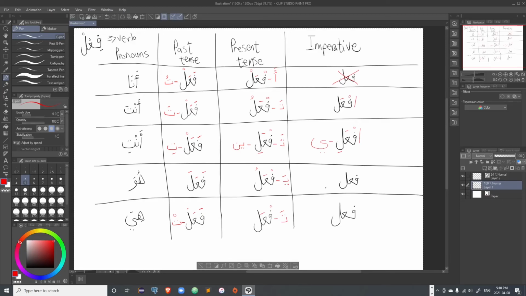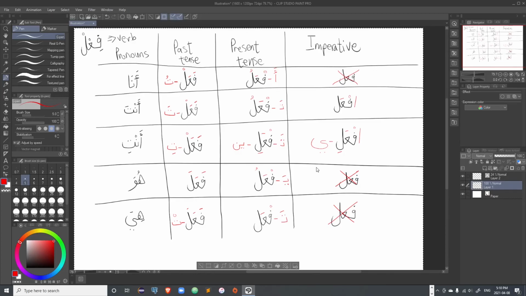Now, for he and she, they do not have an imperative because they are absent. This is the third person, so they do not have an imperative. Imperatives are only present in the second person perspective, not in the first or third person.